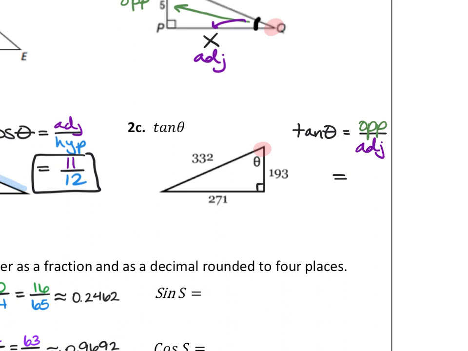What is the length of the leg opposite of theta? 271. That is opposite from it, so I'm going to put that number on the very top. What is adjacent to theta? 193. The two legs are the ones that we're going to use here in the correct ratio. So my answer here is 271 divided by 193.